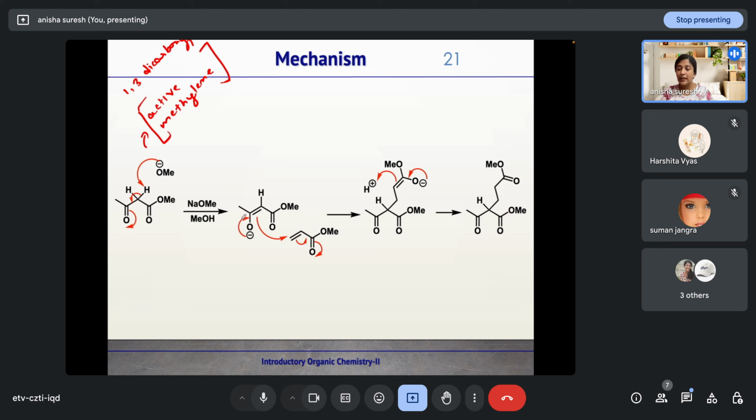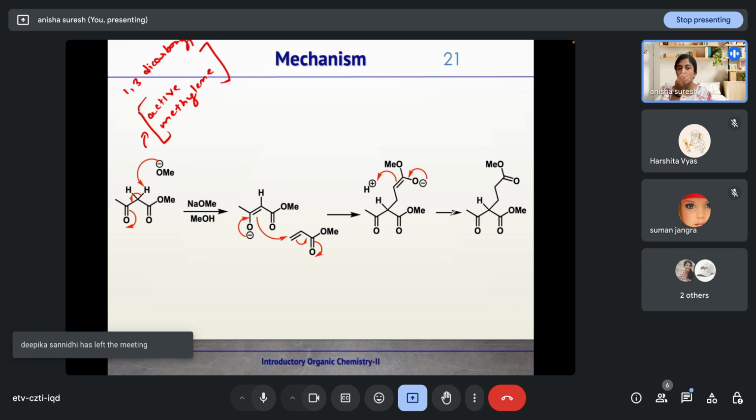And once this O minus is falling back, this carbon-carbon double bond will go and attack at this 1,4 position. So conjugate addition reaction is taking place here, and this bond will shift, and it will lead to formation of an enolate. Then this will protonate back, and we will get this as the major product.